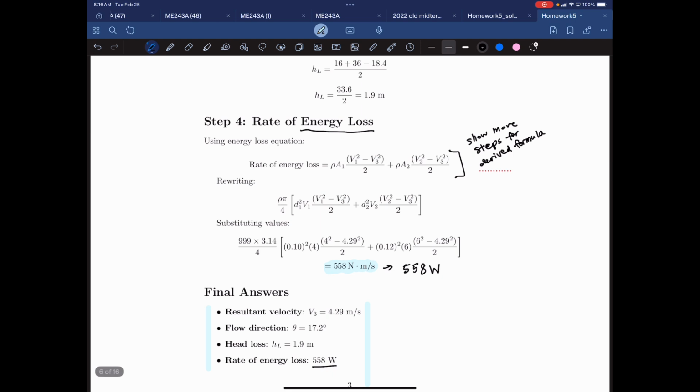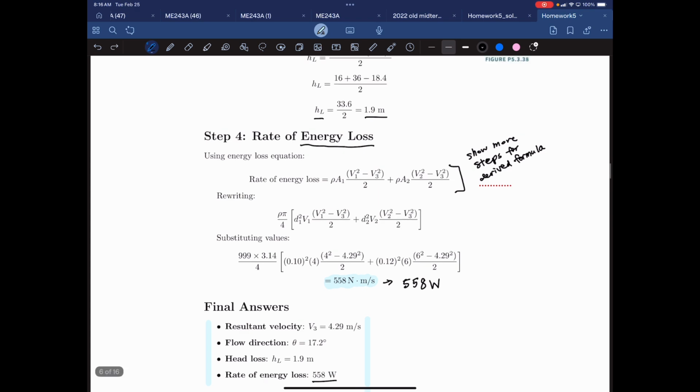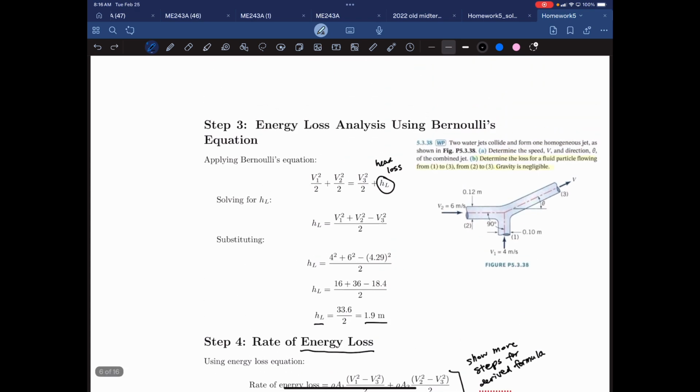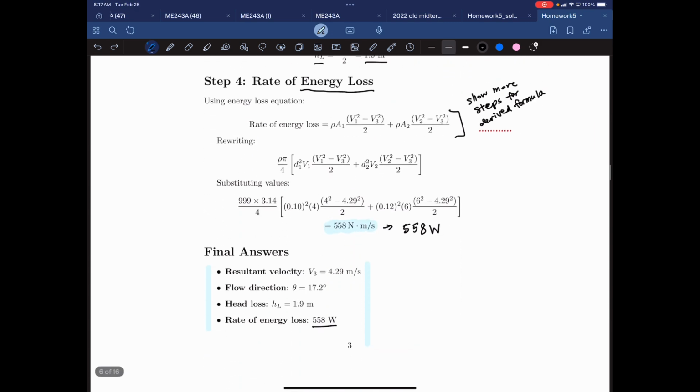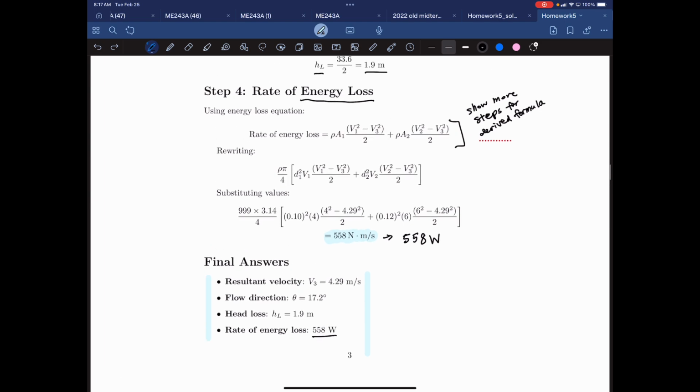Okay, so we used the head loss that we found over here to find the actual energy loss. So you don't just stop right here if the problem is asking for the loss of the fluid particle flowing. So that's why we had to get the rate of energy loss.